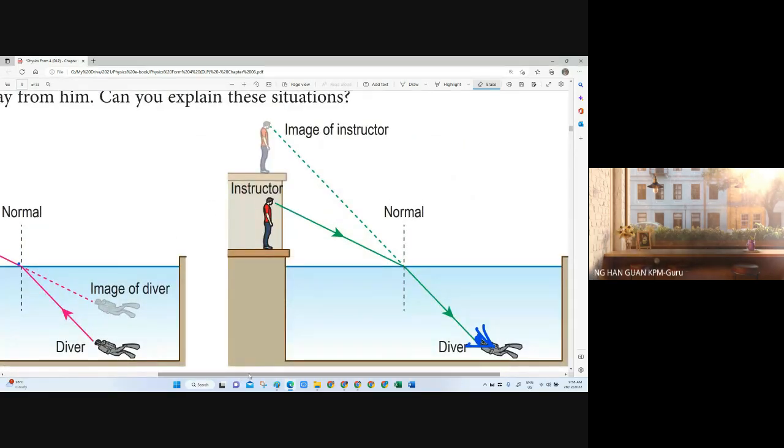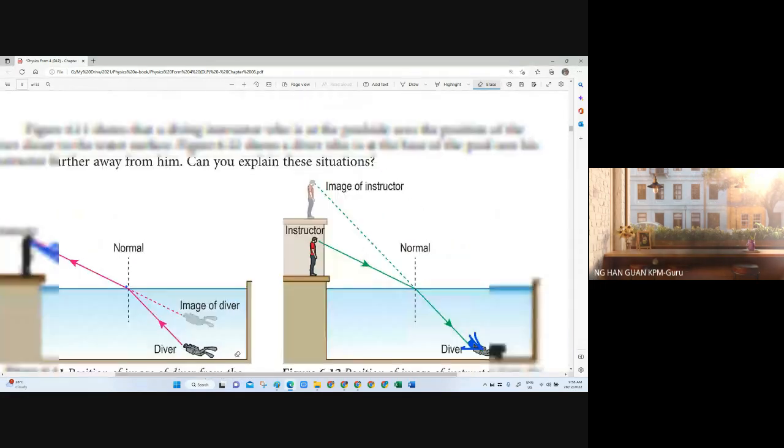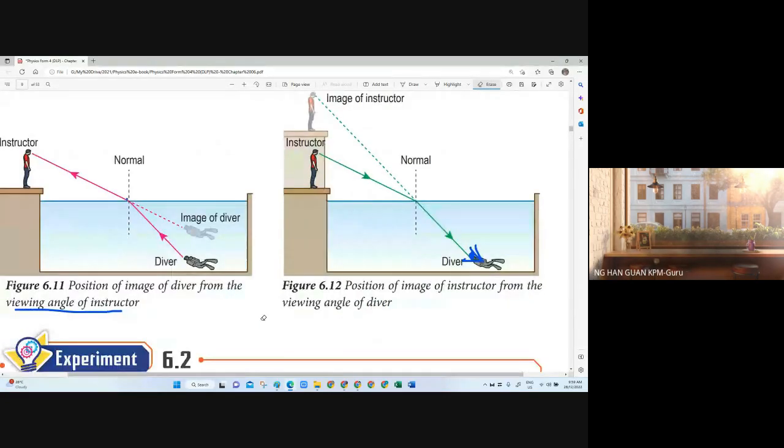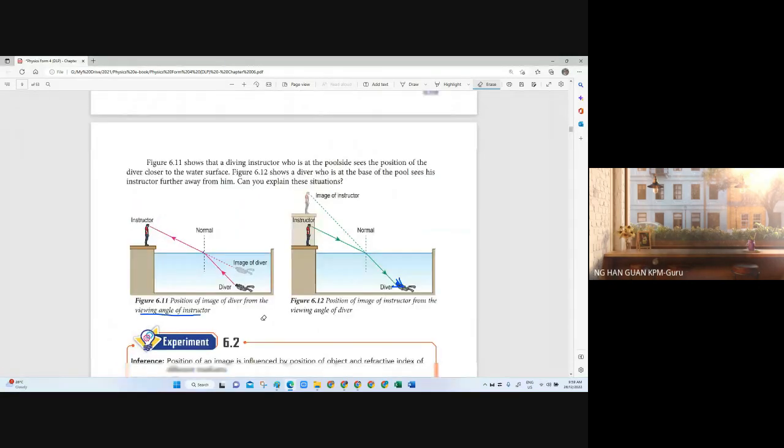As long as you know what the line represents, then it's fine. It does not necessarily have to be a dotted line, because in reality we don't really see the light ray travelling in a straight line. So whether you use a solid line or a dotted line, it doesn't matter.